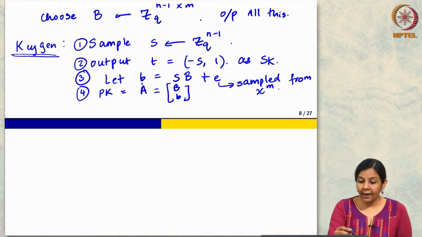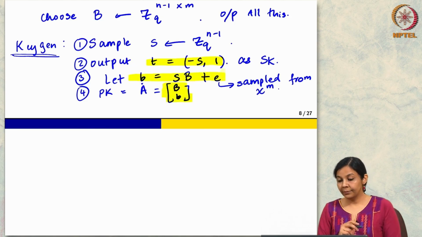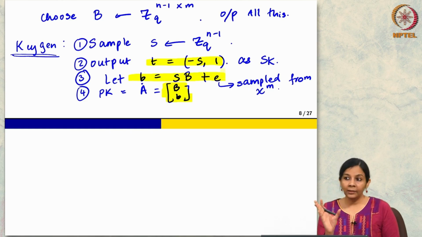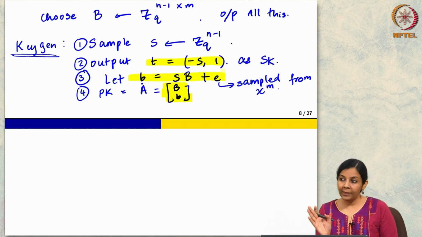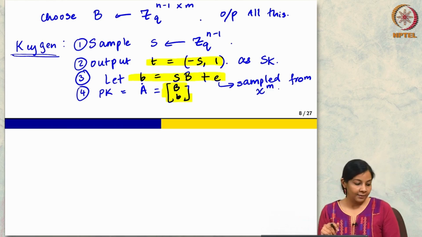So, I will just highlight our secret key and our public key. Okay. So, note that this is what we were doing even before, just for basic public key encryption also this was our key. It was a matrix and an LWE sample with respect to that matrix. Okay. Good. So, we have our public and our secret key.